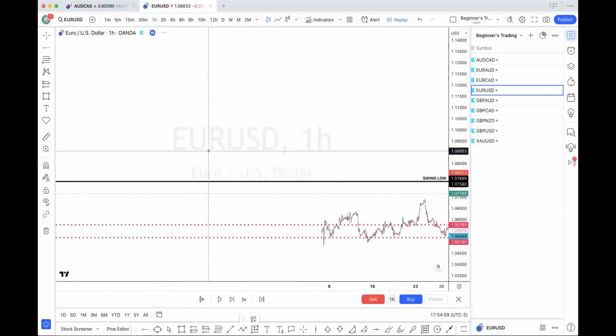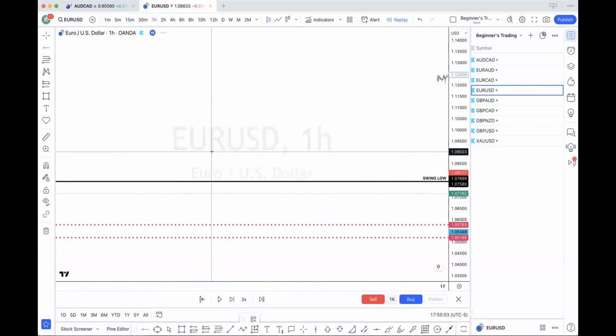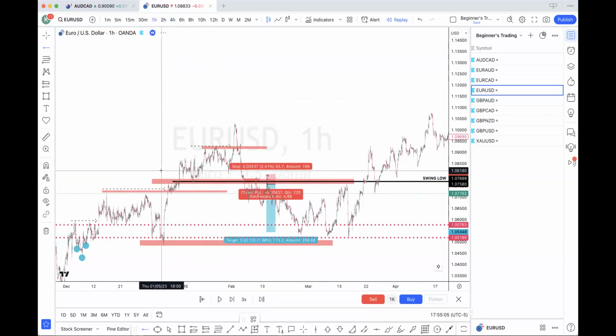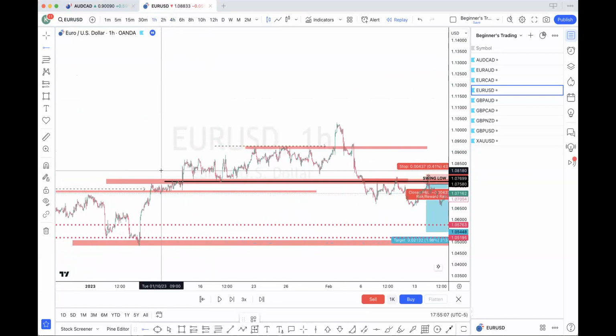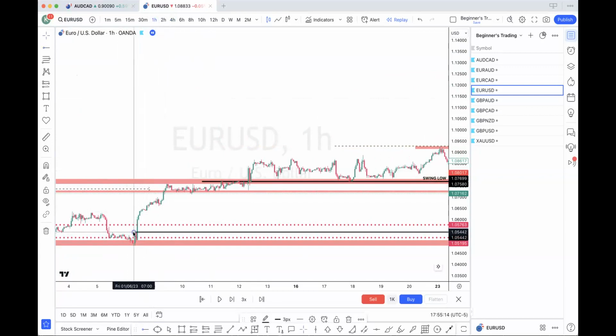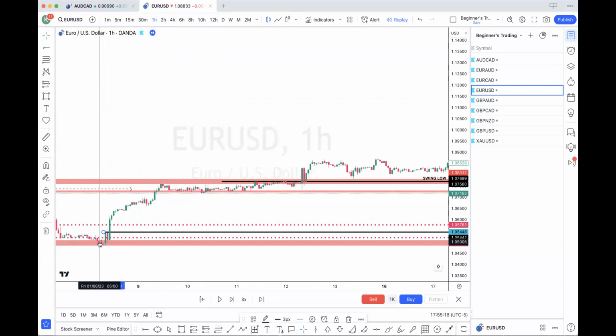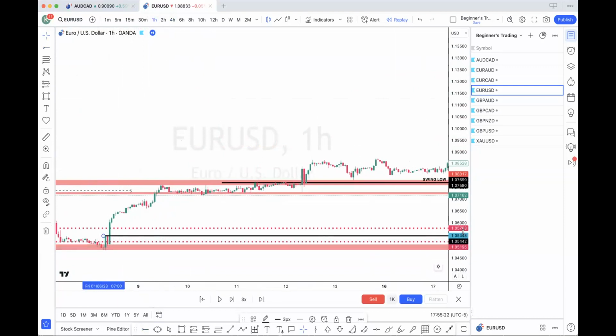I think it was a 1 hour order block. Because that's where we would be looking for price, right? So you had an order block here. So you can mark up your order block here. And then you have just a little minor imbalance down here.